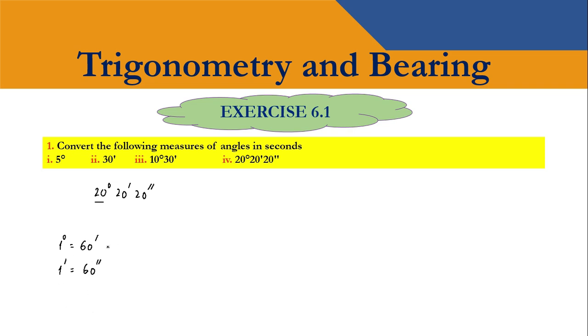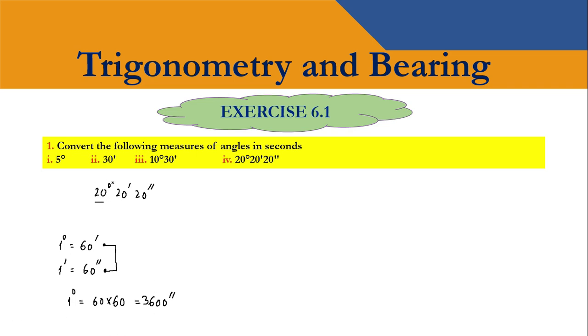So if we combine these two pieces of information, we get that 1 degree is also equal to 60 multiplied by 60, which is equal to 3600 seconds. So this is the direct conversion of degree into second and second into degree.